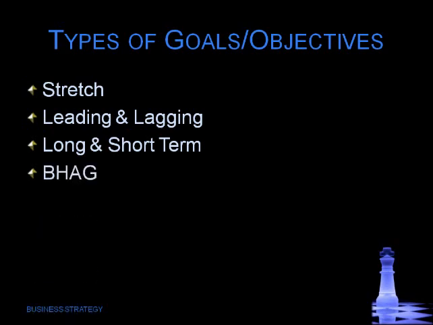And then BHAGs. BHAGs are pretty cool. Once in its life, every company should have a BHAG. A BHAG is a big, hairy, audacious goal. It's a goal that's like a stretch goal on steroids. It's probably close to impossible to accomplish. If our industry is showing profits of 10% and we shoot for profits of 18%, we may not make that, but we're going to do everything we can.